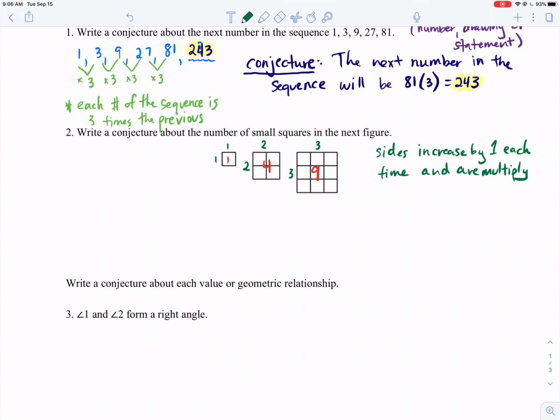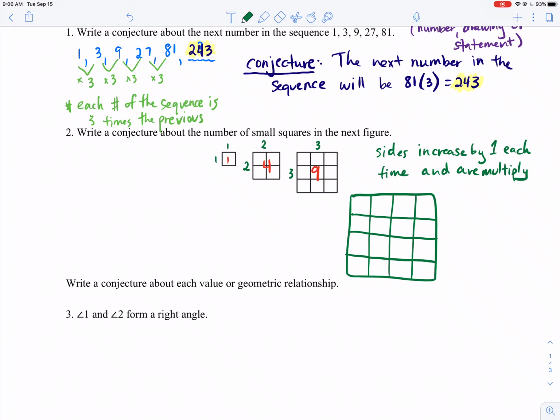So if we were to do our next one, let's see if Ms. Chandler can draw a square. We would say that this one has 4 on either side. Right? So I would say I have 4 here and I have 4 here. Therefore, it would give me a total of 16.